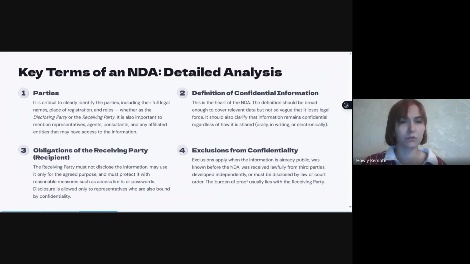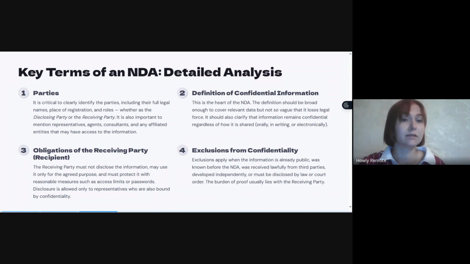It is important to remember that confidential information must be protected in any form. This means written, oral, and electronic information must all be treated as confidential.